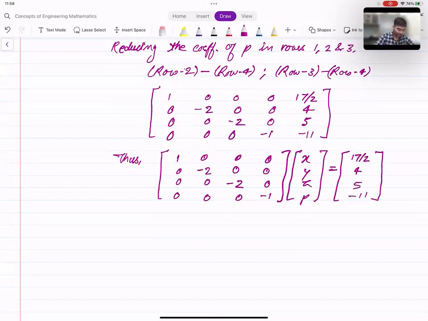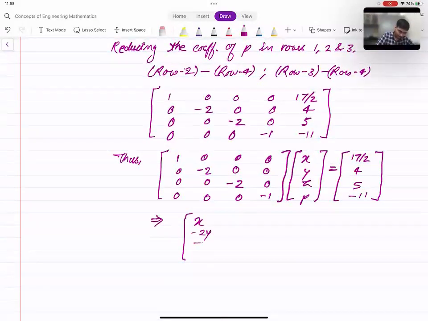Now, if we multiply these, we will simply get a column matrix. Since a 4 by 4 matrix is being multiplied with a 4 by 1 matrix, the resultant will again be a 4 by 1 matrix. And this will be x, everything else will be 0. Here it will be minus 2y, other terms will be 0, so minus 2y only.